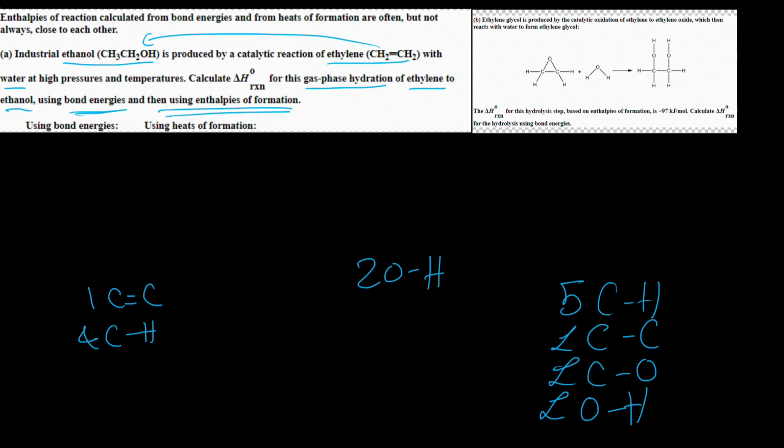Okay, now we're gonna do energies of the old bonds breaking plus the energies of the new bonds that are forming. So these are the bonds that are forming and these are the bonds that are breaking.